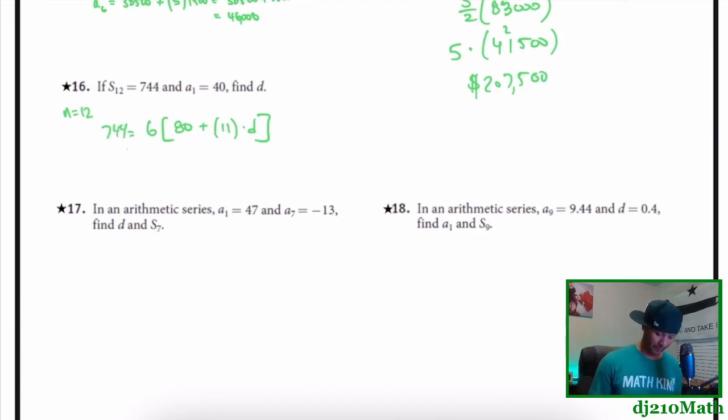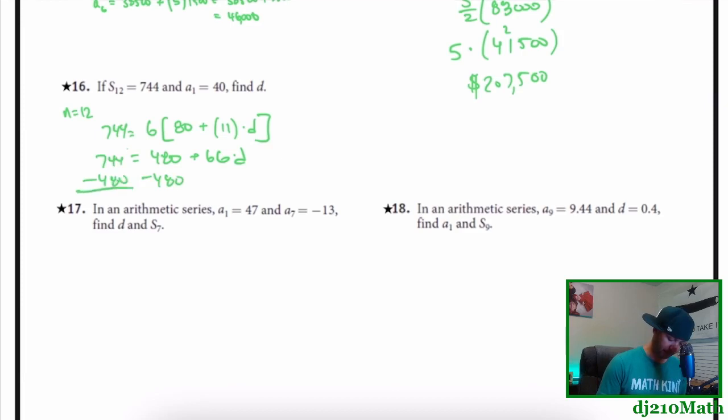All right, so this is just algebra. So if we distribute the 6, 8 times 6 is 48, plus 66D. All right, minus 480. Minus 480. 264.